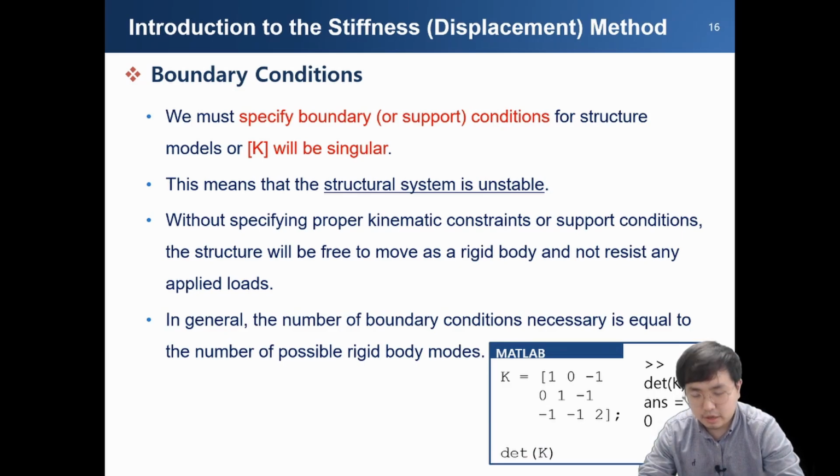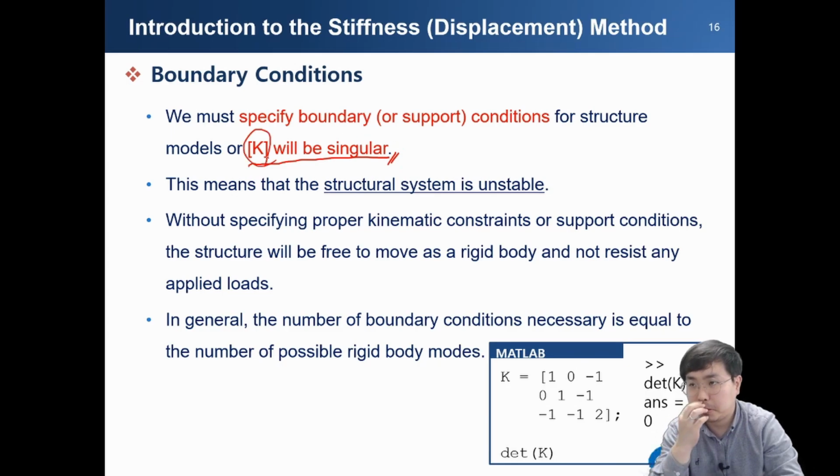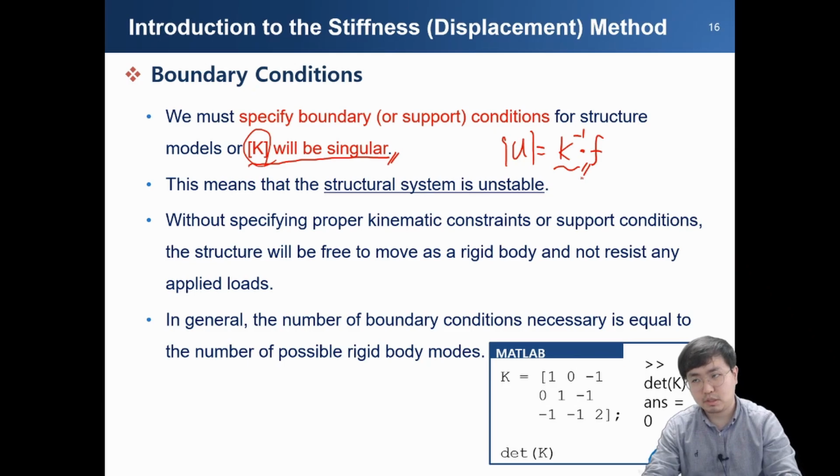And also, I already mentioned that the global stiffness matrix is a singular matrix, so we cannot invert this K matrix. However, to obtain the exact solution of the displacement, we need the inversion of this stiffness matrix.